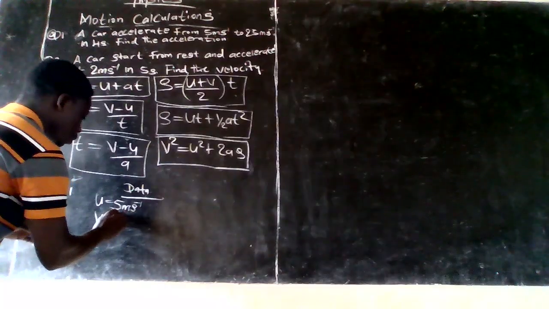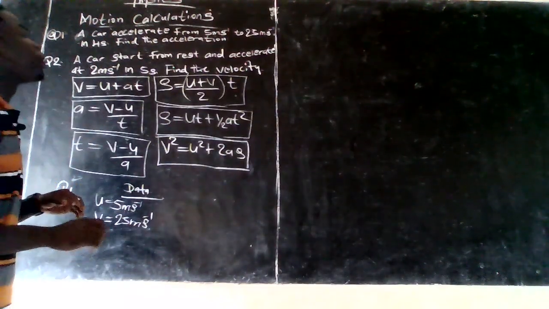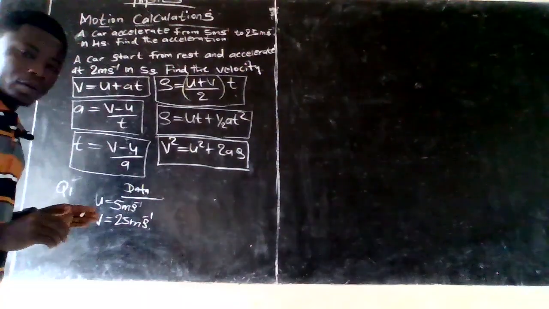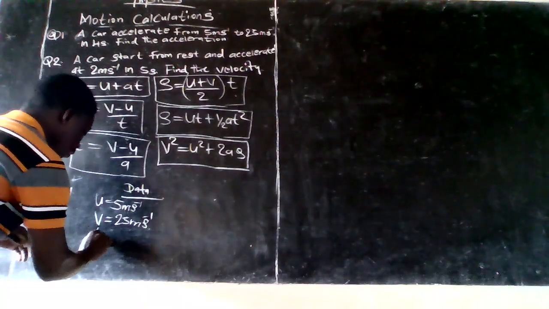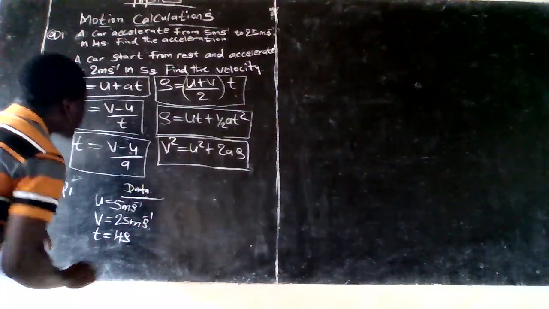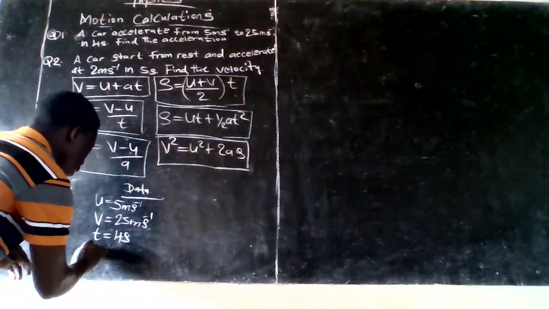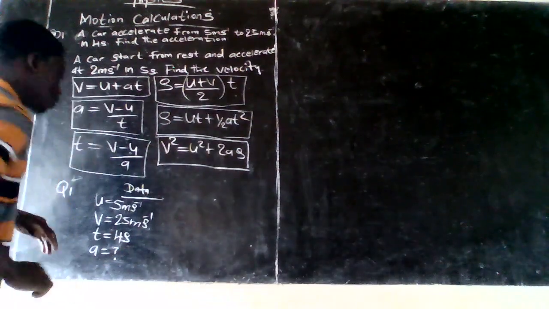V equals 25 meters per second. In 4 seconds, the time T equals 4 seconds. And you are now asked to find the acceleration A, which we don't know.